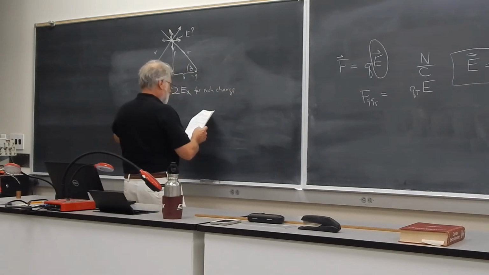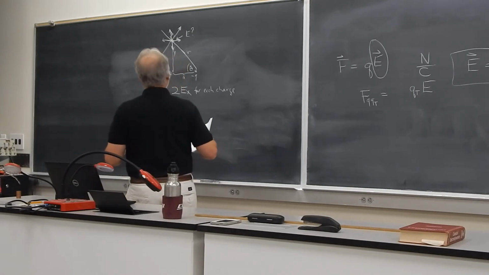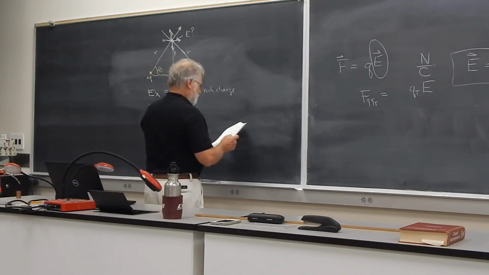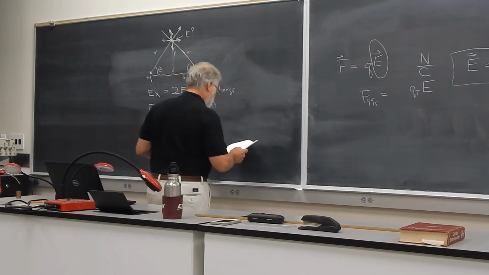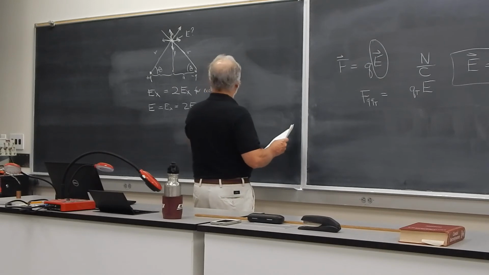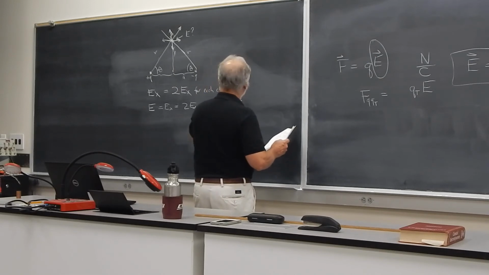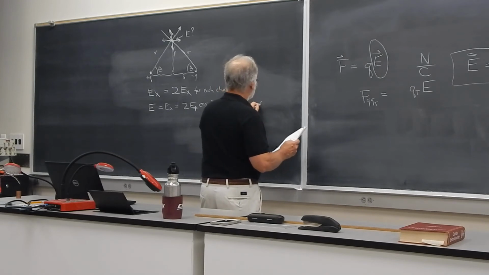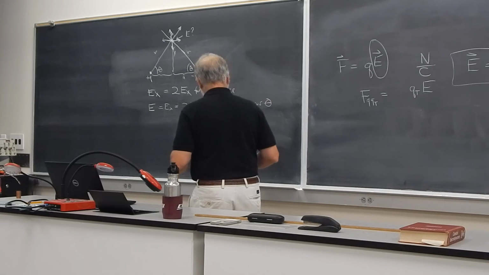I can say then that the only components that survive are the Ex components. I can say then that that's going to be 2 times the E, let's call it the positive, times the cosine of theta, which will give me 2 times Q over 4 pi epsilon naught R squared times cosine theta.